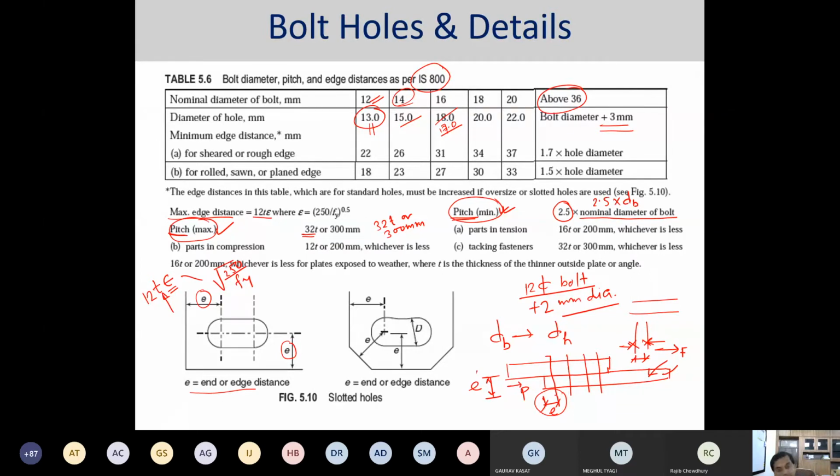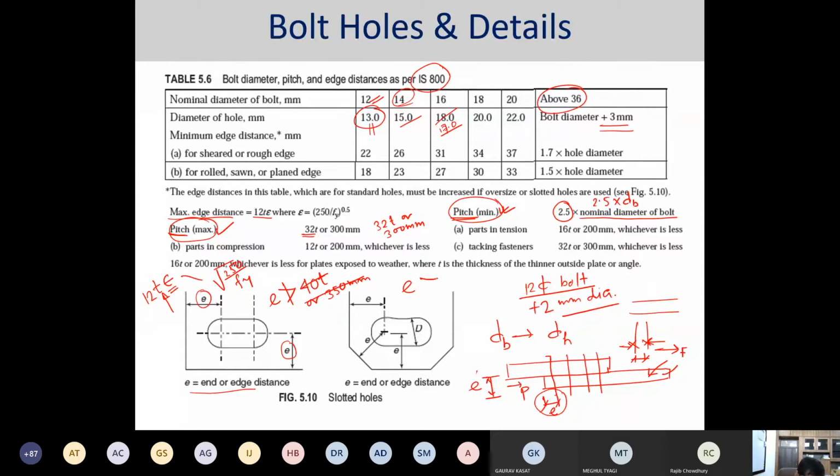In a corrosive environment, the maximum edge distance or end distance should not exceed 40 times T or some 350 mm.